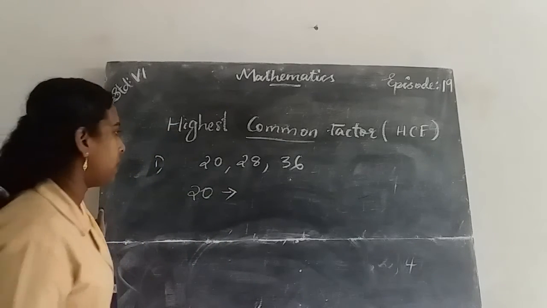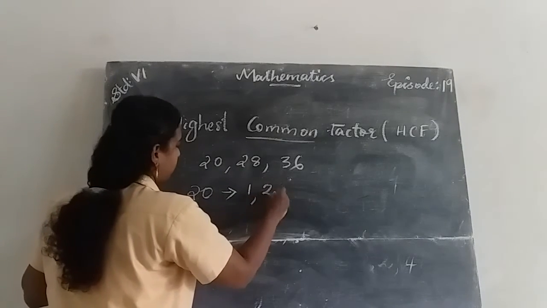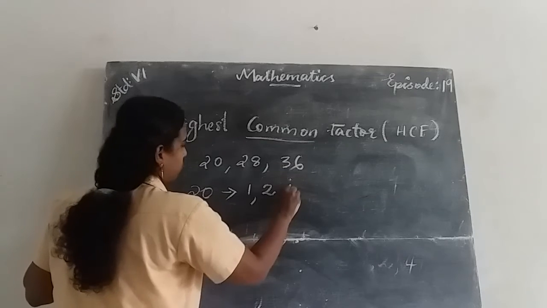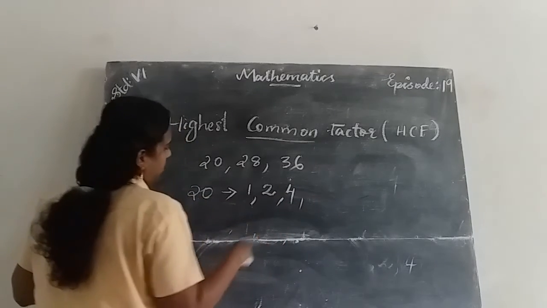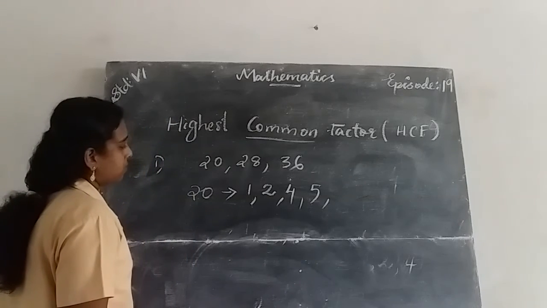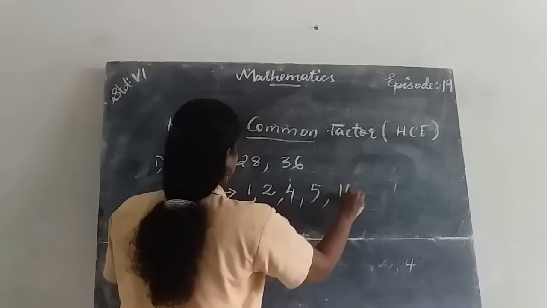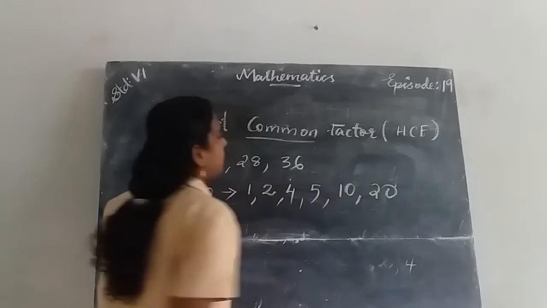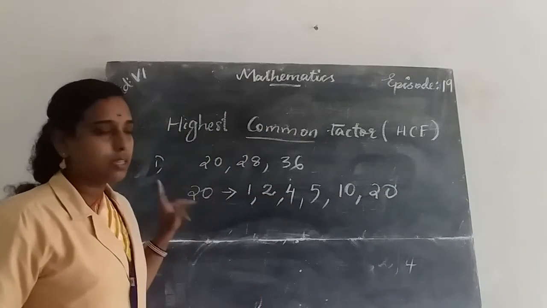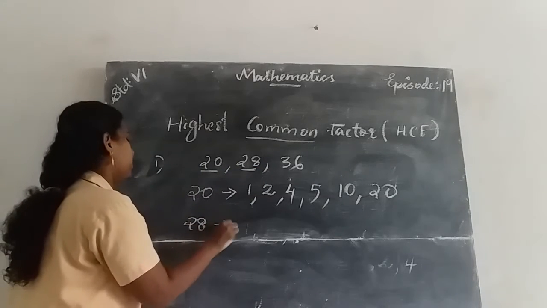First, write the factors of 20. 20 comes under the table of 1, then the table of 2, 4, 5, 10, 20. Okay, so these are the factors of 20. Then find the factors of 28.